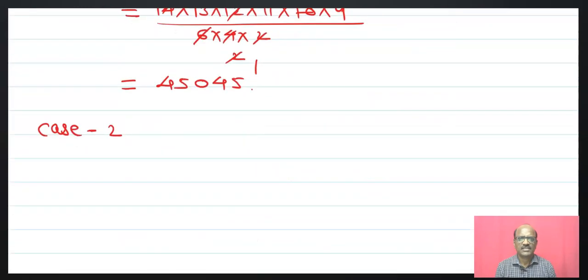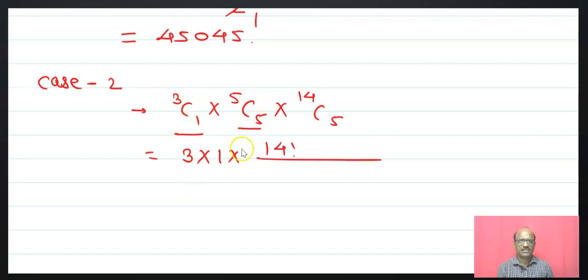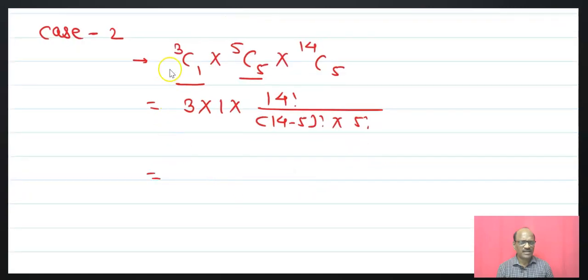Now in the second case, that is 3C1, here we will take 5 bowlers and 14C5. The total is again 11 players. 3C1 is 3, 5C5 is 1.